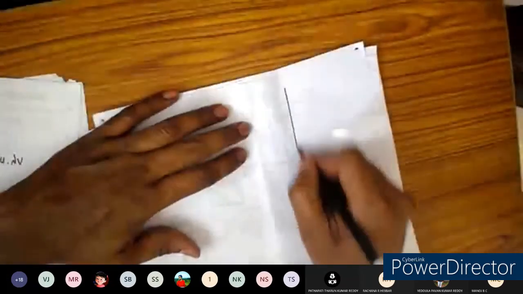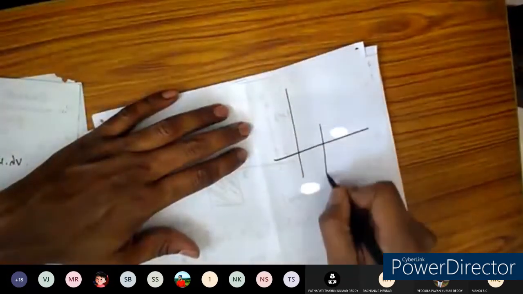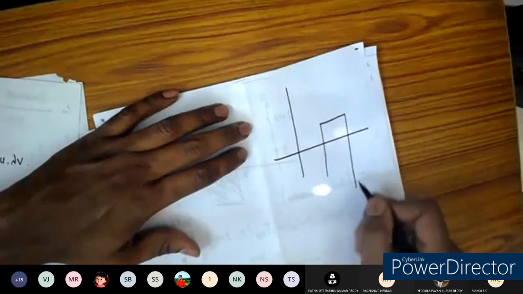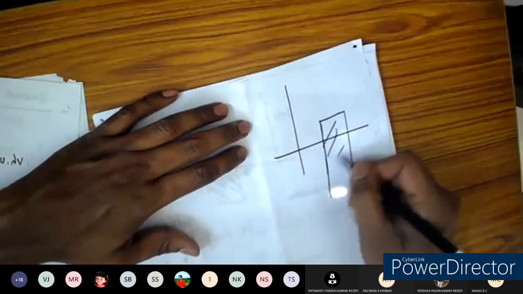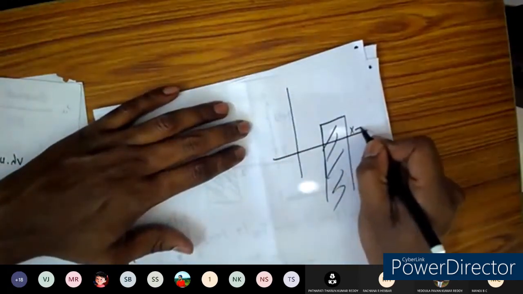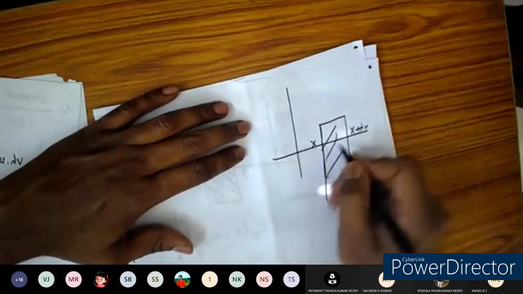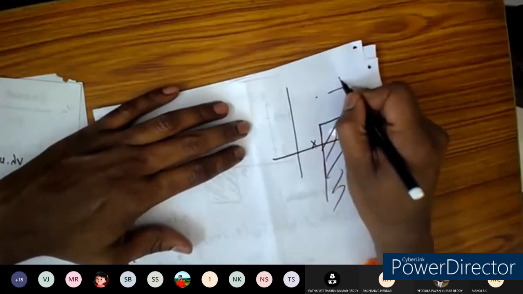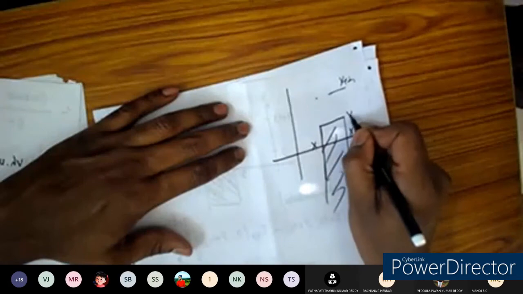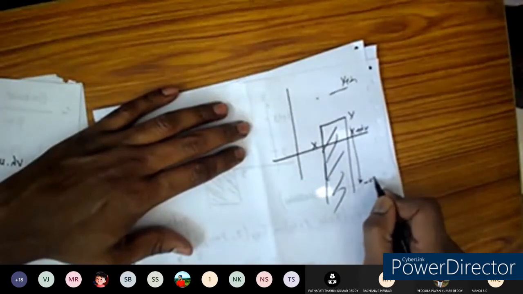So I'm going to take the area of this shaded portion, from x plus dx up to x, and this is y plus dy. From here it is y up to minus infinity.